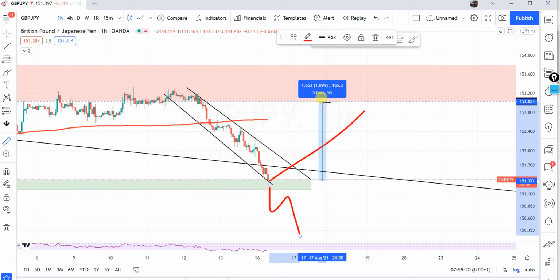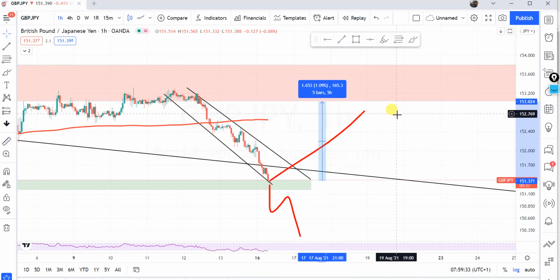This might take how many days? 5 hours. Yeah, it's possible for this to take 5 hours, and it's possible for it to take days also, depending on the fundamentals that are moving the market at that period of time.